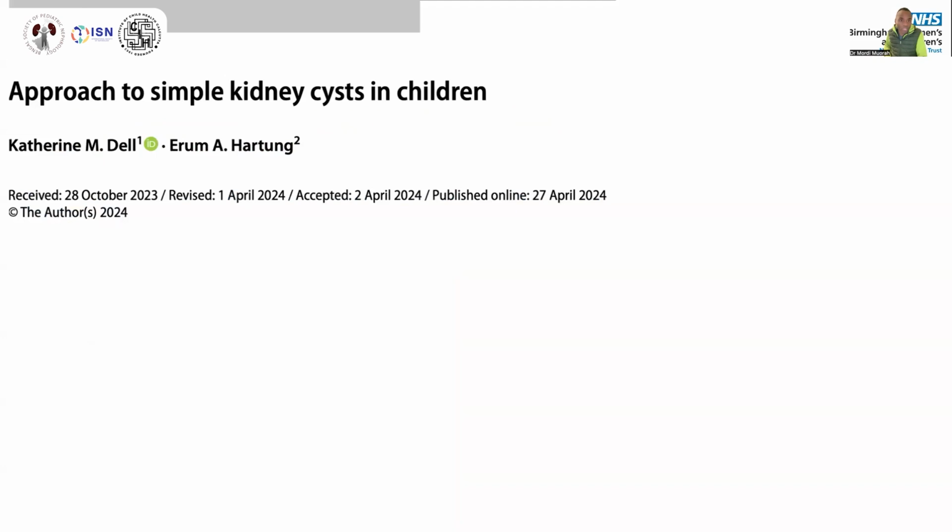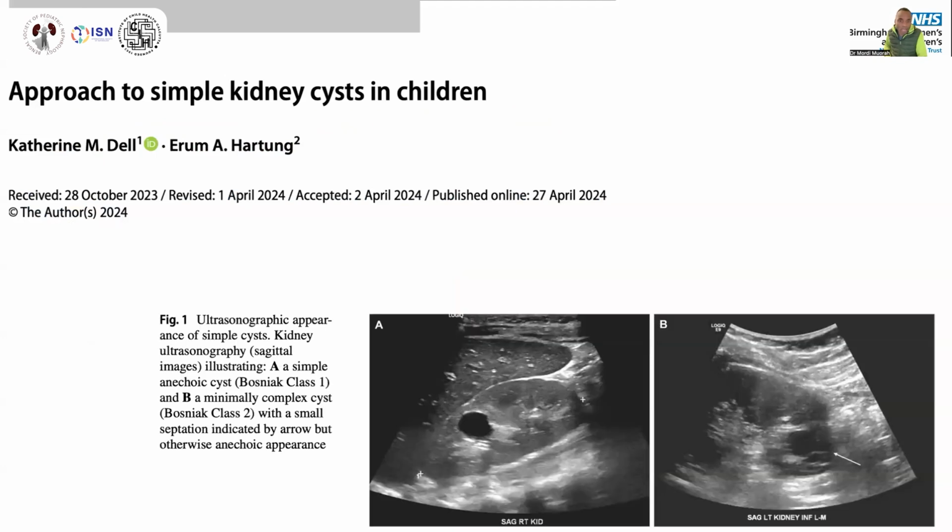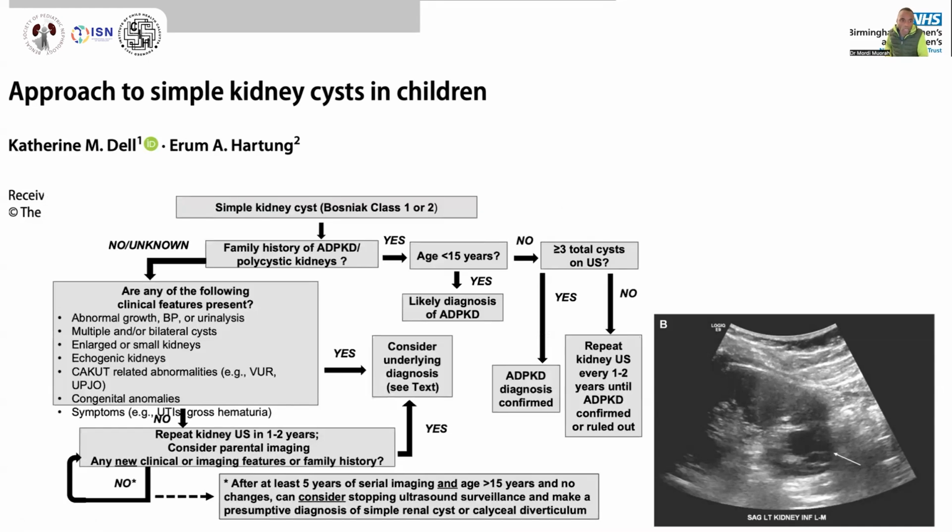So in children who have simple cysts, there are various algorithms of how to follow them, as long as the cyst is simple and is of a Bosniak class 1 and class 2 and not thought to itself be a risk of a tumor.